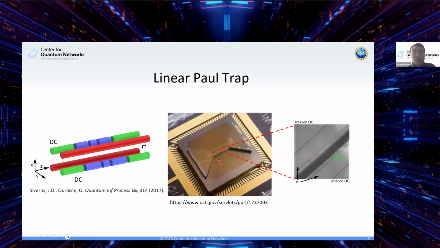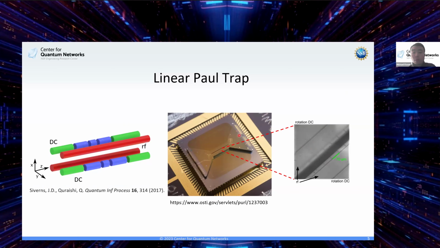Other ways of assembling a Paul trap include using 4 rods. This trap is often called a rod trap or quadrupole trap, or there are surface traps. With the surface trap, it is microfabricated, so it reduces the imprecisions compared to when assembling millimeter scale rods and blades by hand.